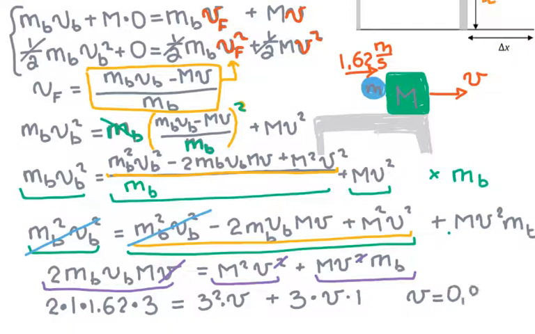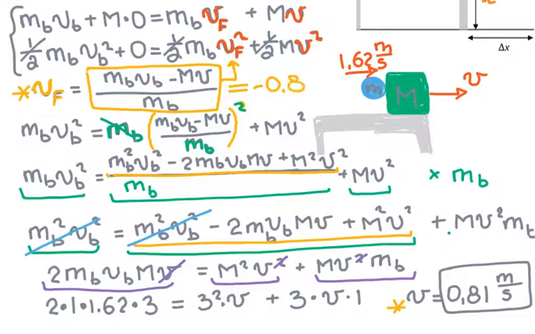0.81 meters per second. Now I can take this value and plug it into my final velocity of the ball. So if I plug this in, I will get negative 0.81 meters per second.